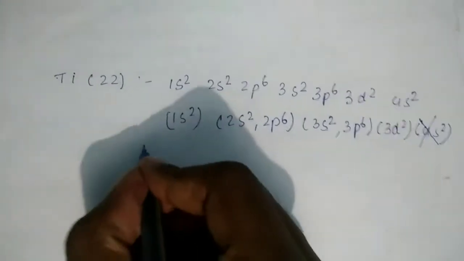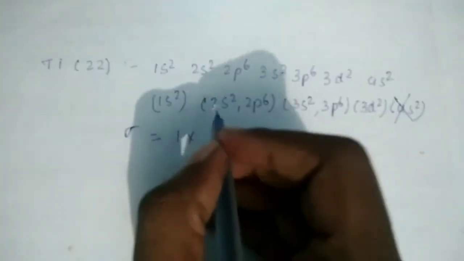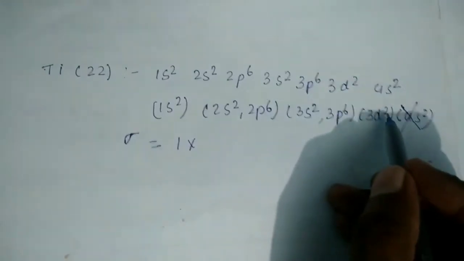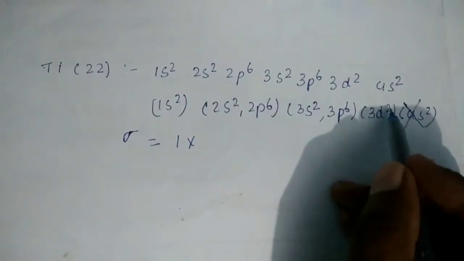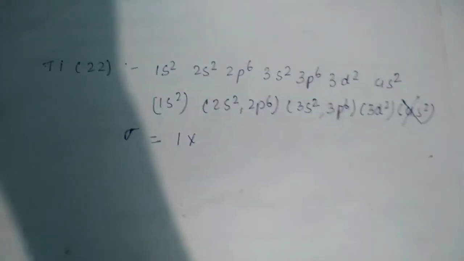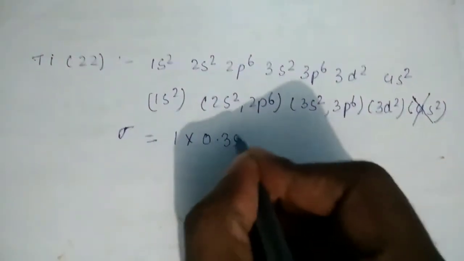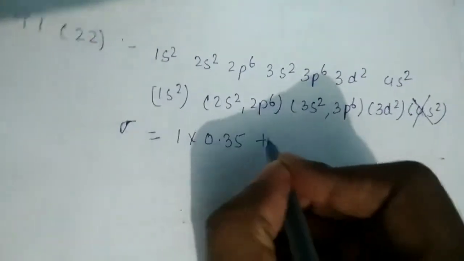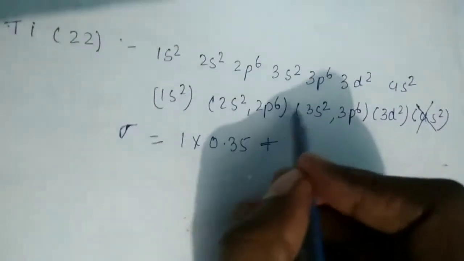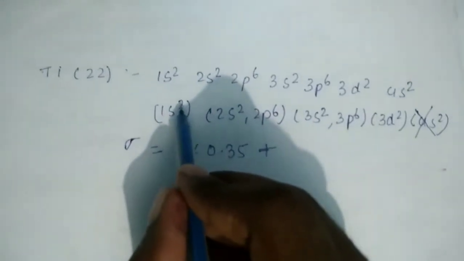So the sigma becomes 1 into the only one electron will be considered, the other will be taken for shielding, so it becomes 1 into 0.35, plus the rest. As I have told earlier, the value will be 1 for each of the electrons.